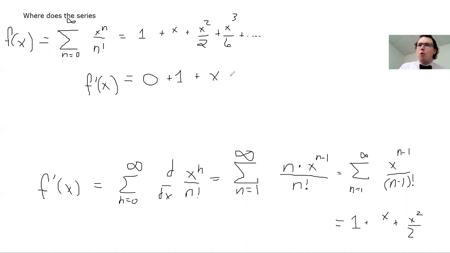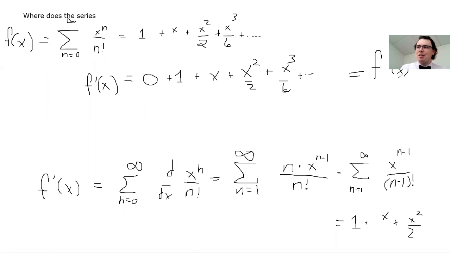It's x. What is the derivative of x cubed over 6? It's x squared divided by 2. The next thing in my list is x to the power 4 over 24. Its derivative is x cubed over 6, and so on. This function's derivative is itself.